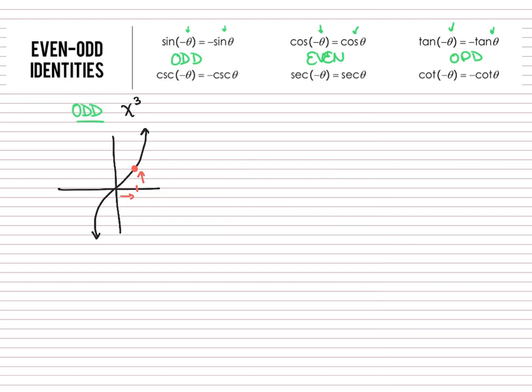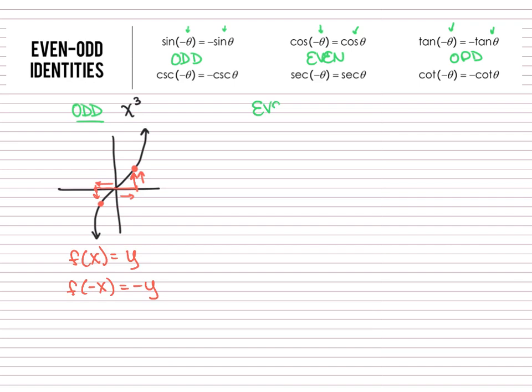But if I go the same distance in the negative direction, my negative x produces a negative y. Okay, so the negative input produces the negative output. Or if we have f of x, that's going to give us y. But if we do f of negative x, that's going to give us negative y. So this is our positive x, positive y, or negative x, negative y.